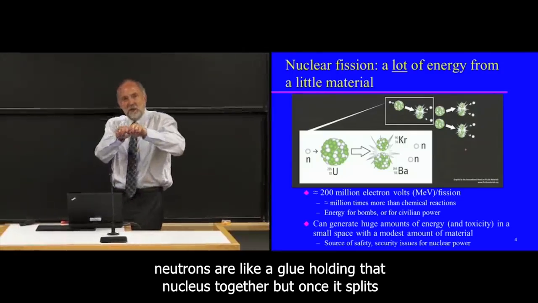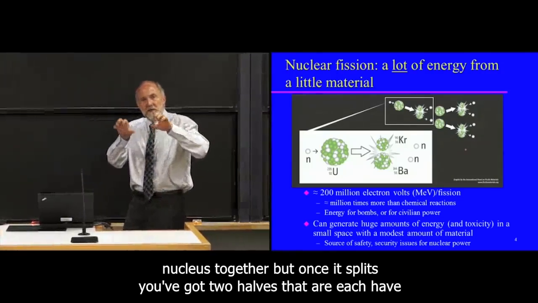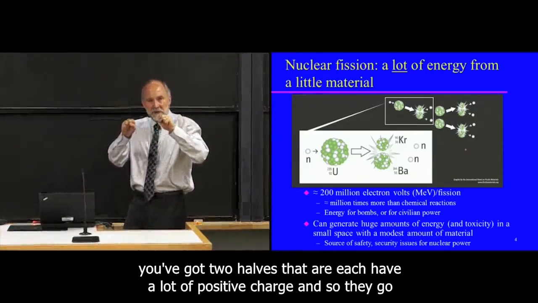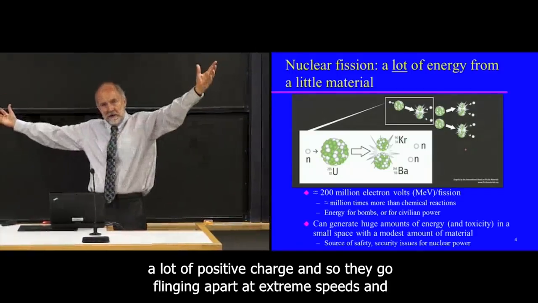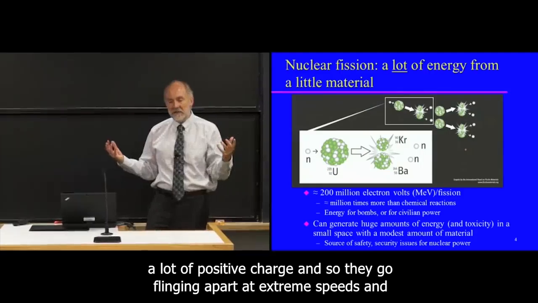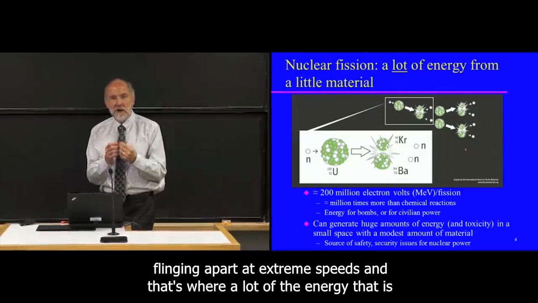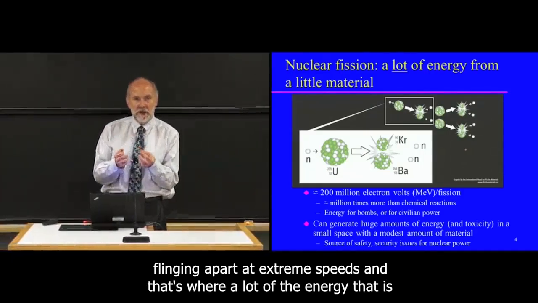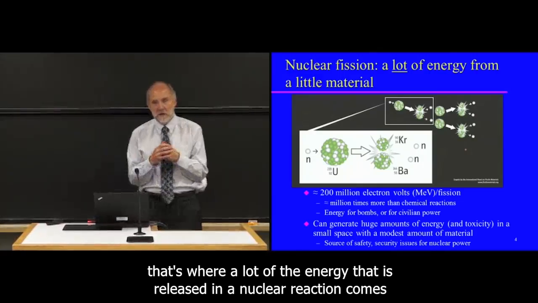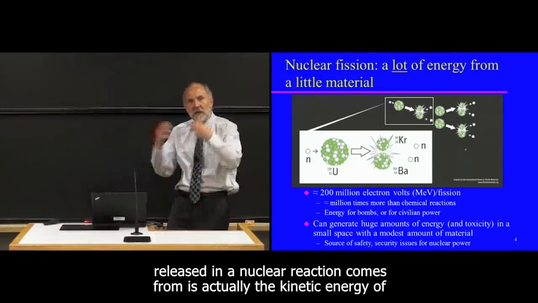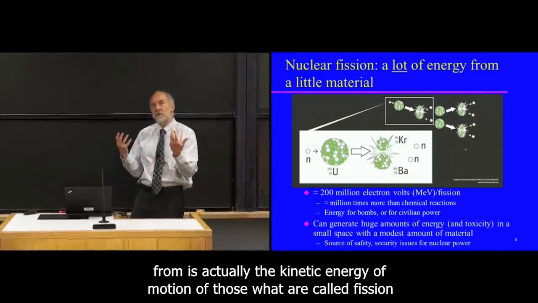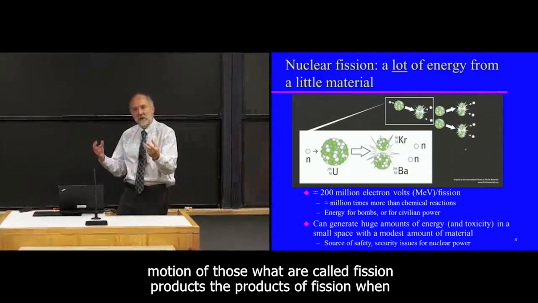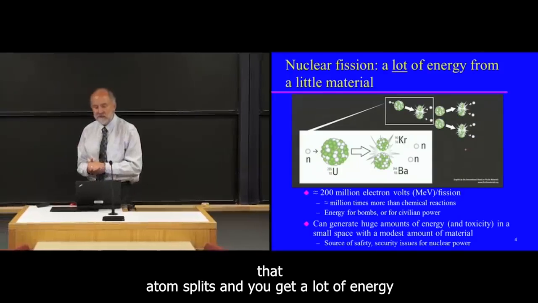But once it splits, you've got two halves that each have a lot of positive charge. And so they go flinging apart at extreme speeds, and that's where a lot of the energy that is released in a nuclear reaction comes from: the kinetic energy of motion of those what are called fission products, the products of fission when that atom splits.